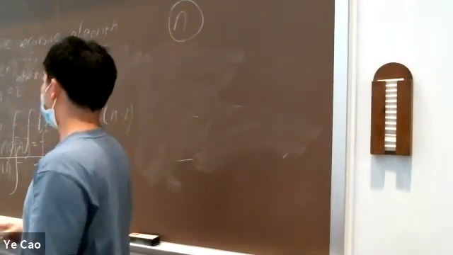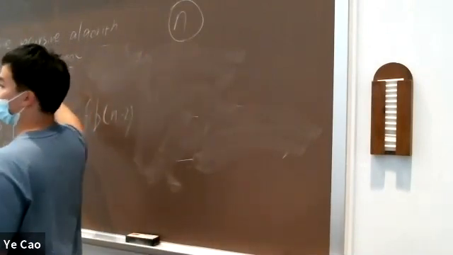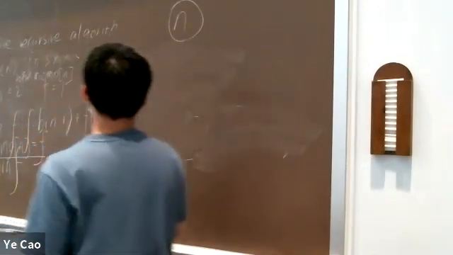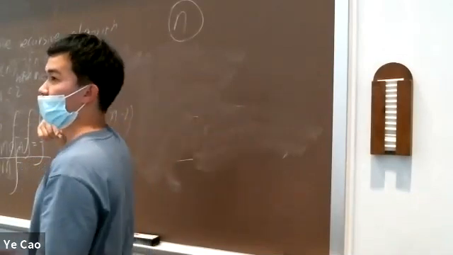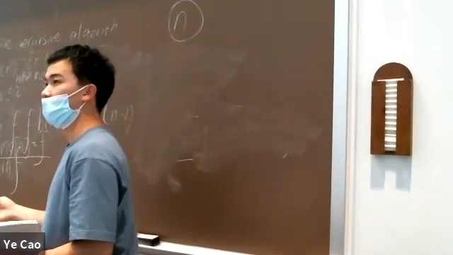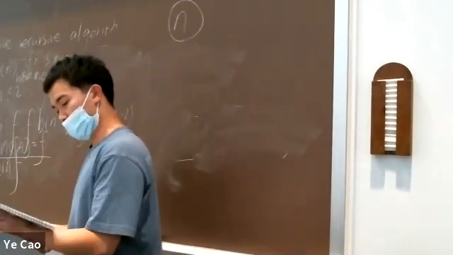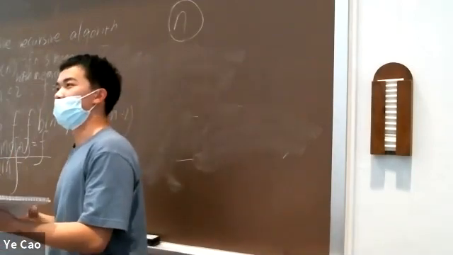Because as long as you computed it already, it's going to be inside the memo table, and you just have to retrieve it. So in order to compute the value of Fibonacci n, you just have to compute all of the Fibonacci numbers from 1 to n. So it's actually going to be linear. Does it make sense?